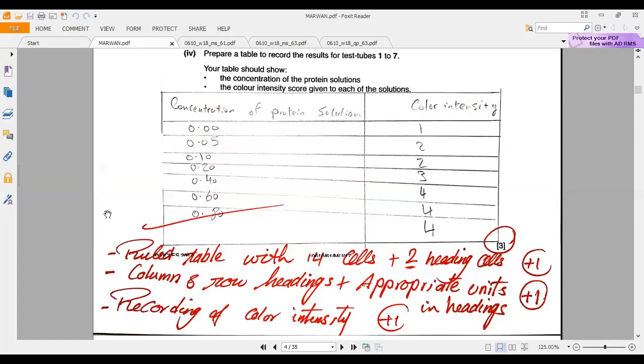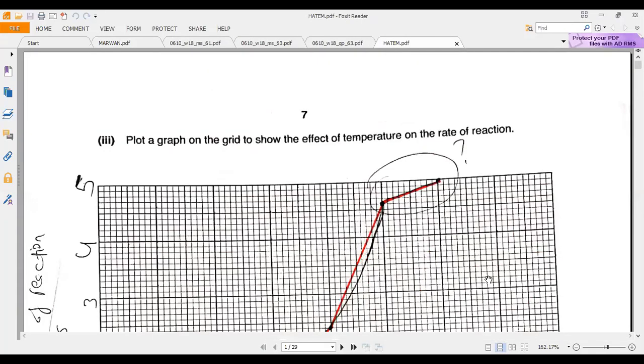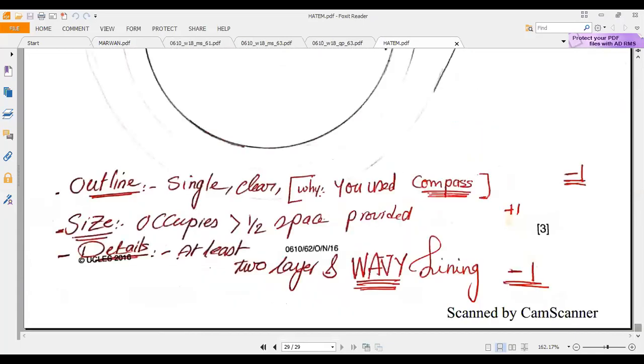In some cases, it may be more than this. I'll let you see, for example, one of the responses. If you look here at this table, that came with 5 marks.